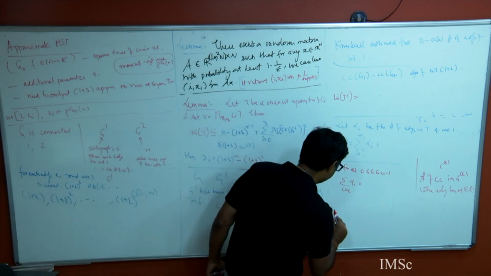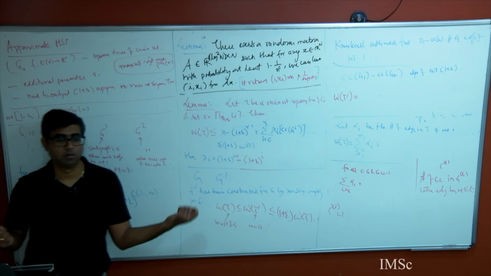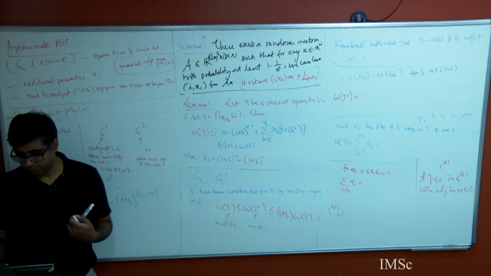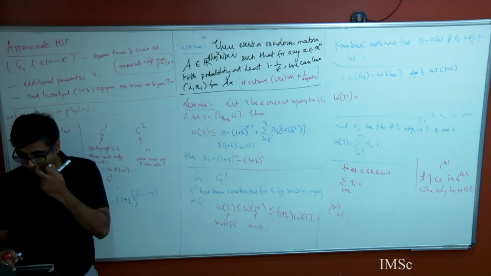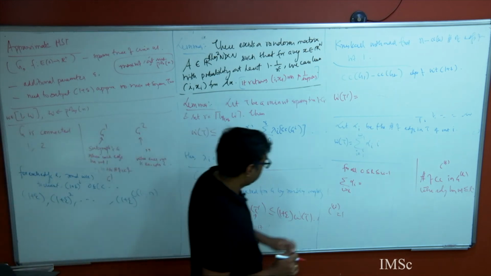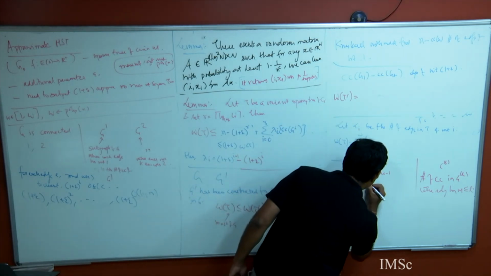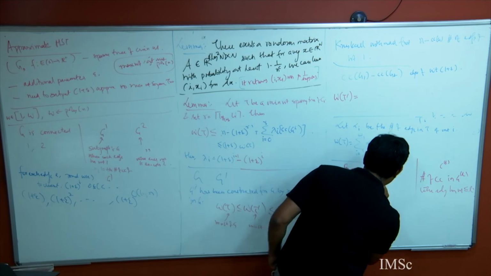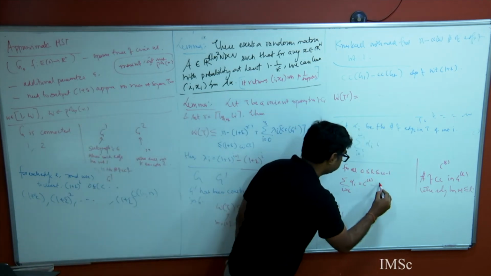If my graph is connected, then C of W is equal to 1, because I am taking all the edges. What is this equal to? For i greater than L, I am going to claim that this is equal to C of L minus 1.